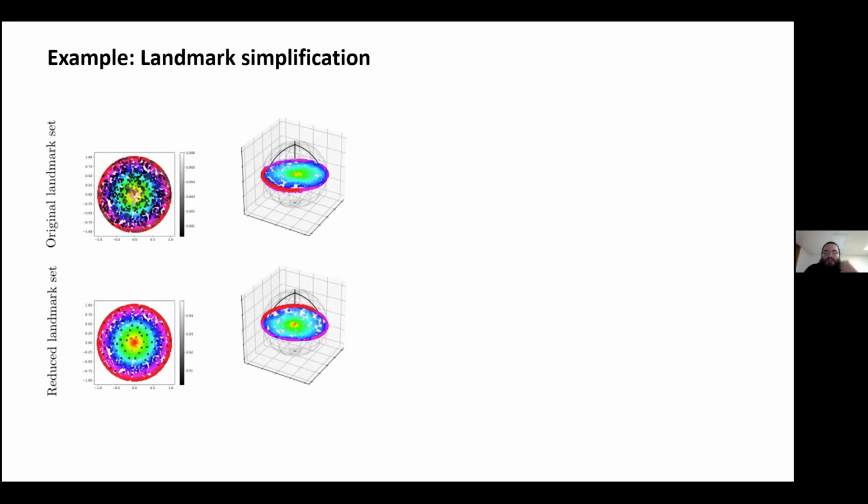If you think about it in the Wasserstein distance, those two landmark sets should be really close. And that is reflected in the fact that the maps themselves that we obtain, even after doing dimensional reduction, are really close.